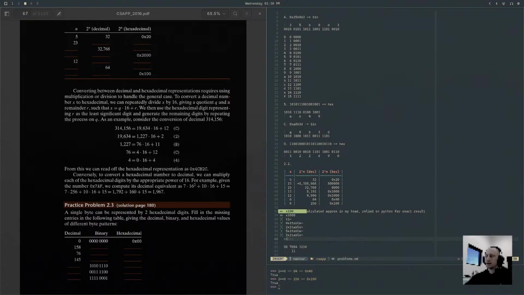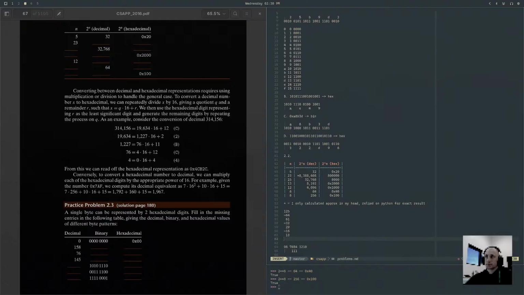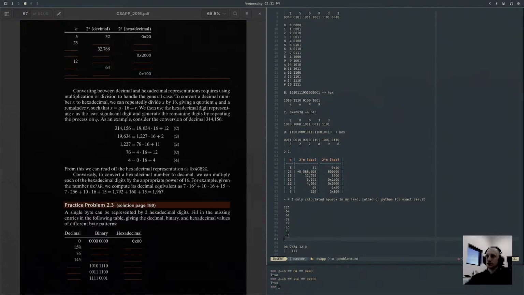Minus 16 would give us 13. Then 8 is the largest, and 8 is removed from that, which gives us 5.